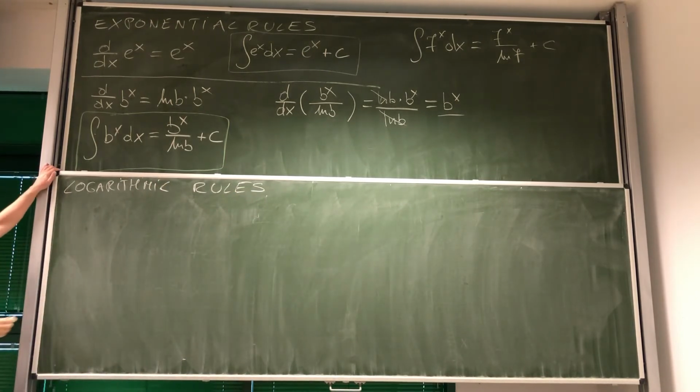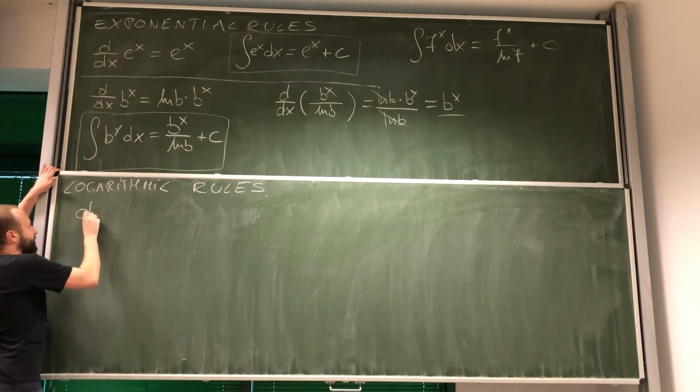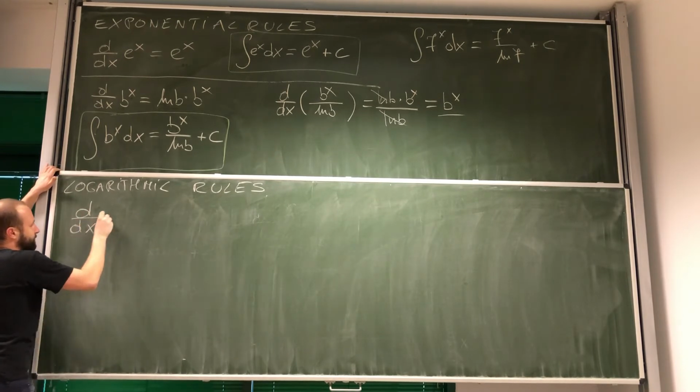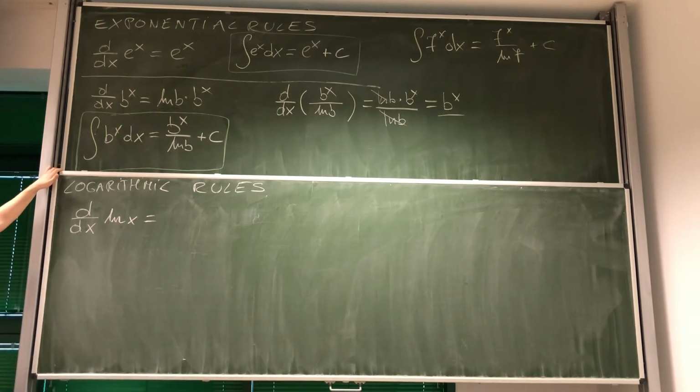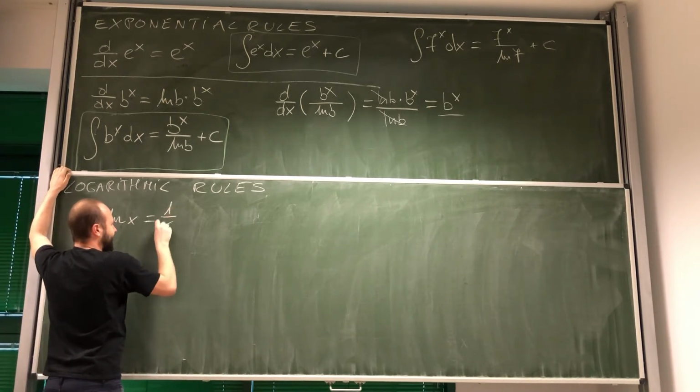Okay, again, let's start with differentiating the natural logarithm of x. And look, when we were differentiating the natural logarithm of x, we got that this is 1 over x.